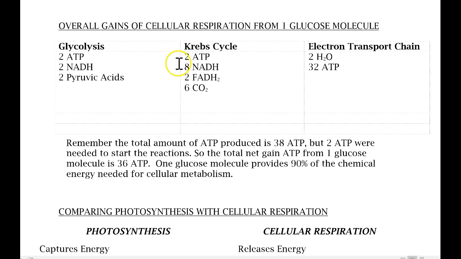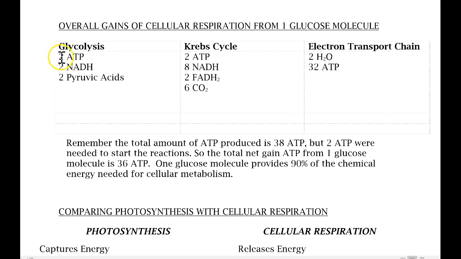In the Krebs cycle, we got 2 ATPs, and this is with 2 pyruvic acids, not just 1. So we got 2 ATPs, 8 NADHs, 2 FADH2s, and 6 carbon dioxides as a result of that. And then in the electron transport chain, we got 2 water molecules and 32 ATP.